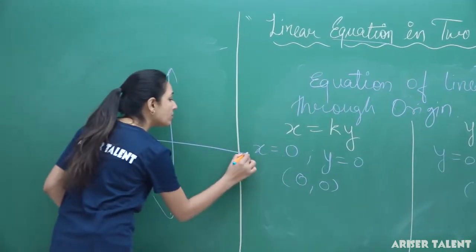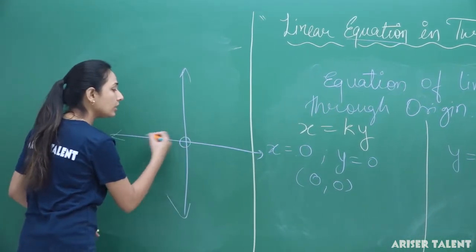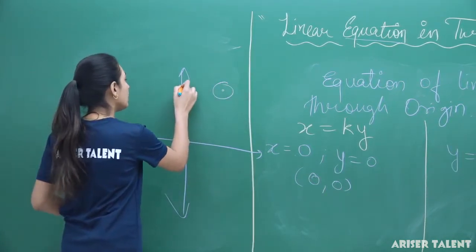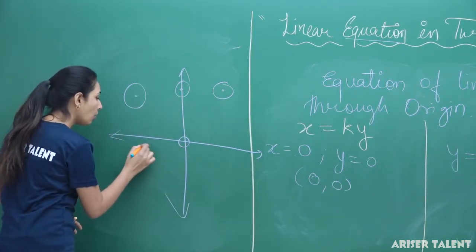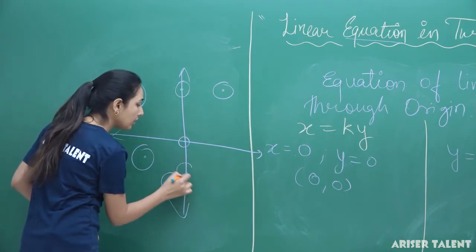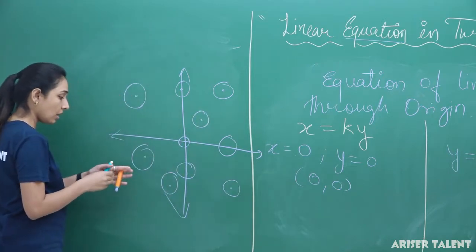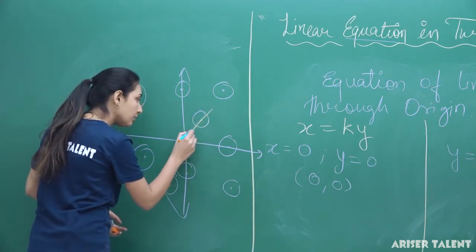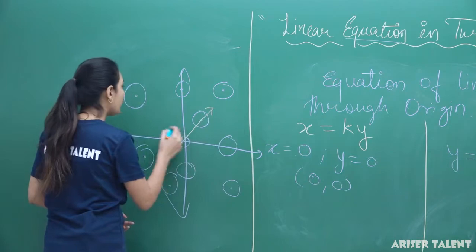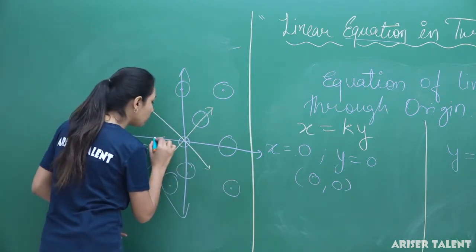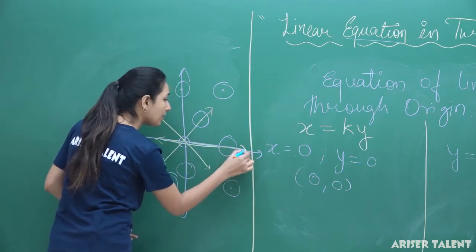Whenever I plot this particular point 0 comma 0, it will be at the origin. Irrespective of where the other point is, here or here or whatever it is, if these are the 2 points, the line will definitely pass through the origin.